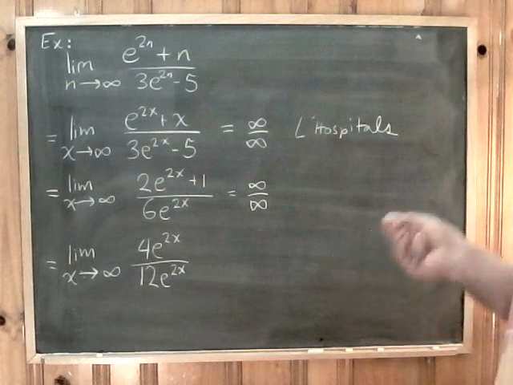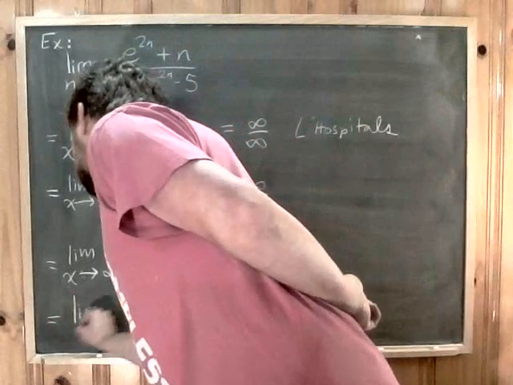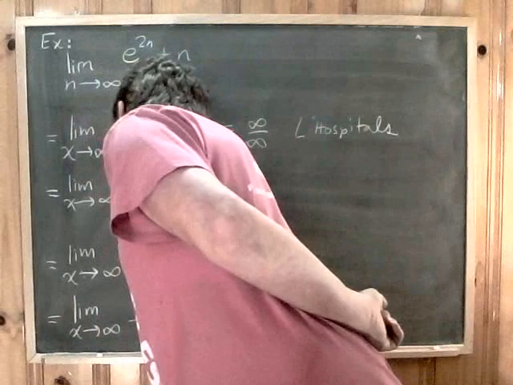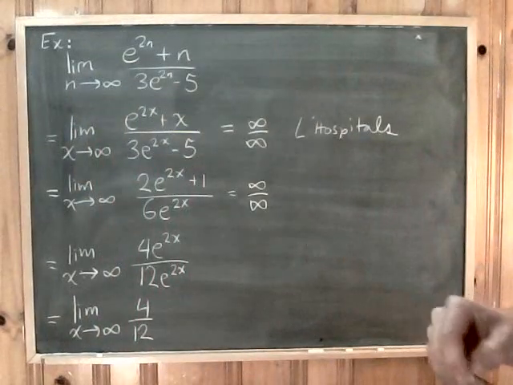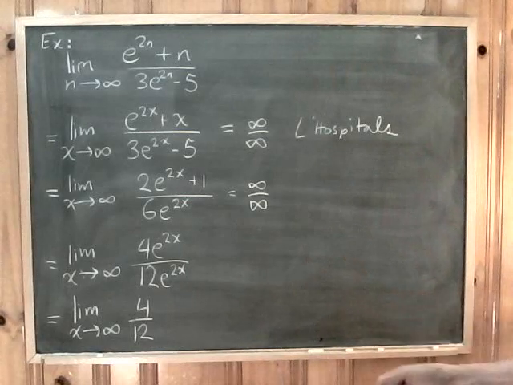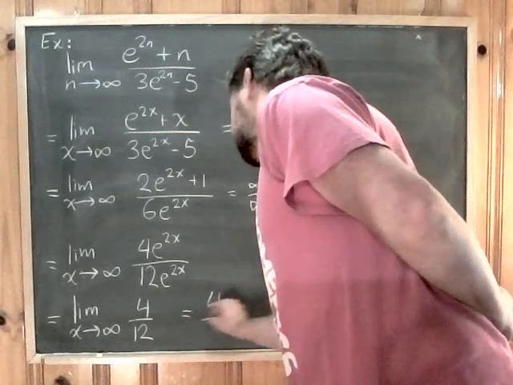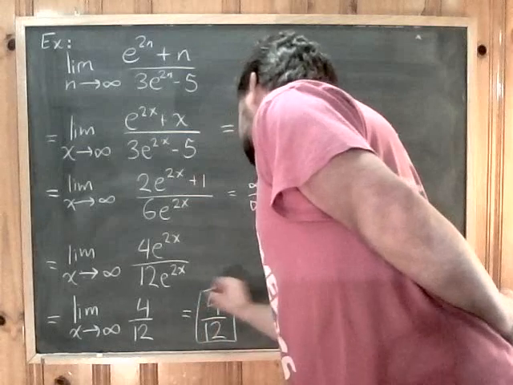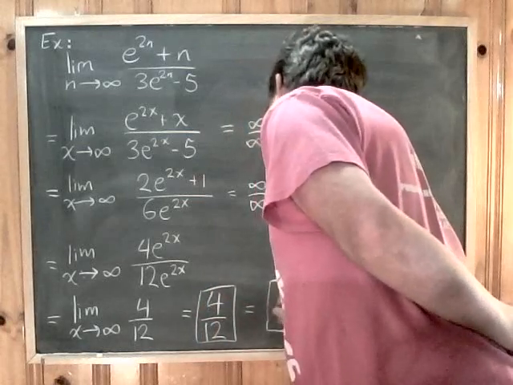So we can cross those off and get the limit as x goes to infinity of just 4 over 12. Now that's a constant, and whenever you take the limit of a constant, you get out the constant itself. So this reduces to 1/3.